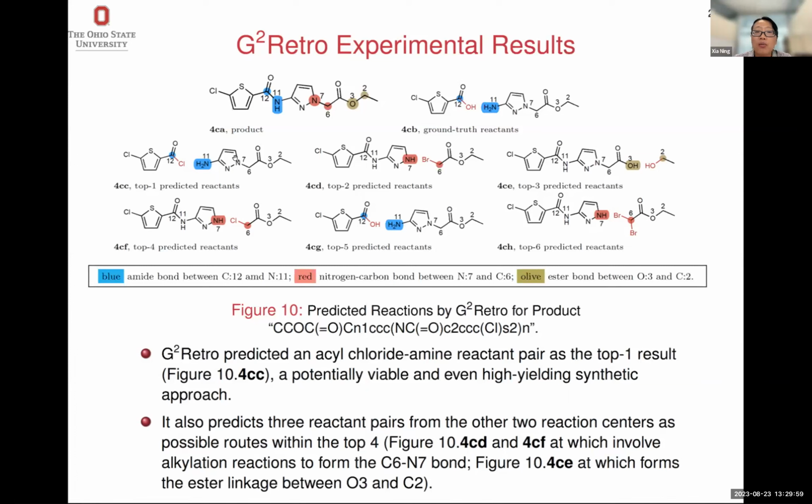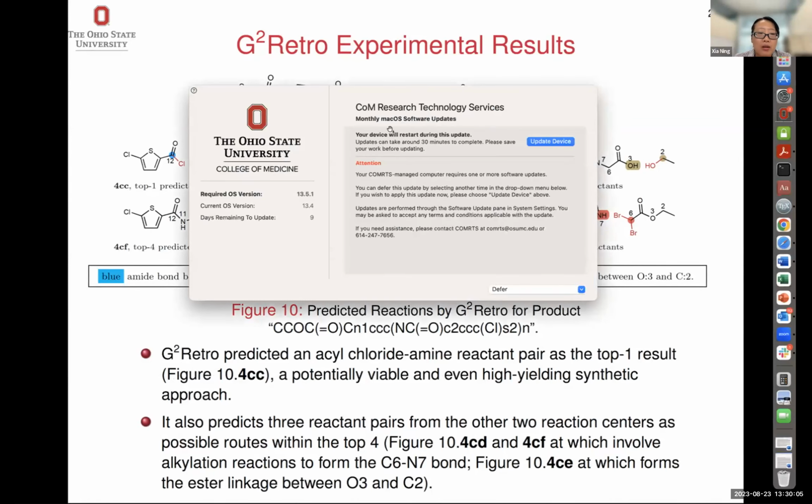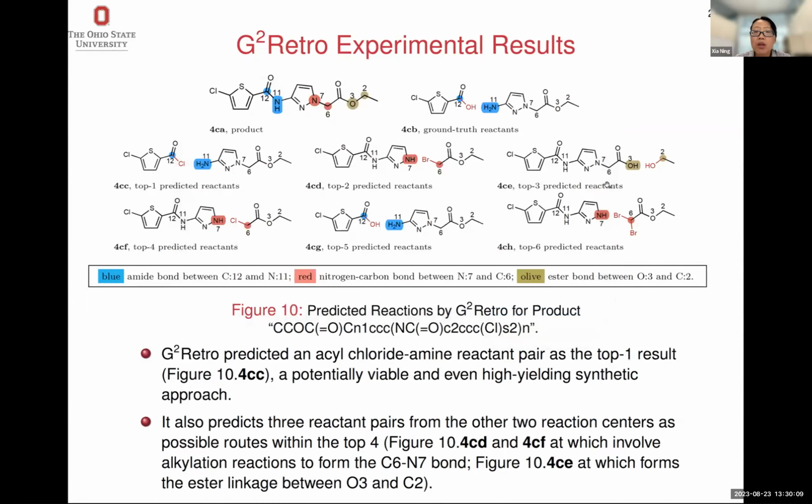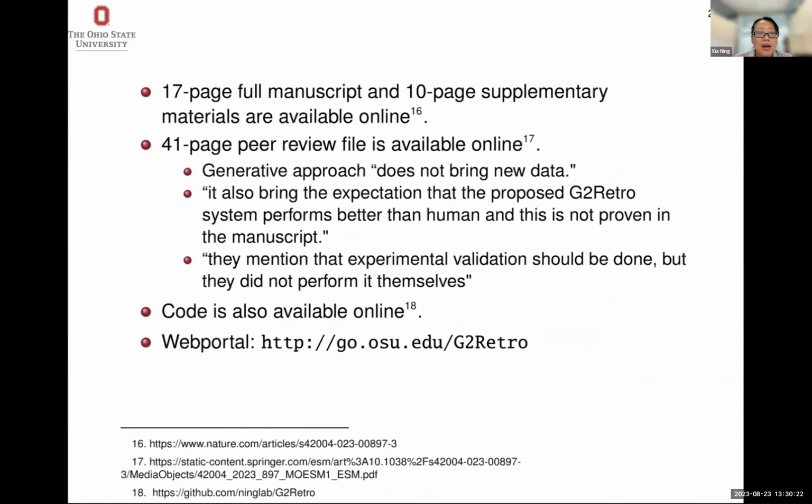So it's still theoretically possible, and our collaborators said this is probably even better than the ground truth. And we also find other possible reaction centers, and based on the knowledge from our collaborators, they are also possible. So, again, the papers are available online.